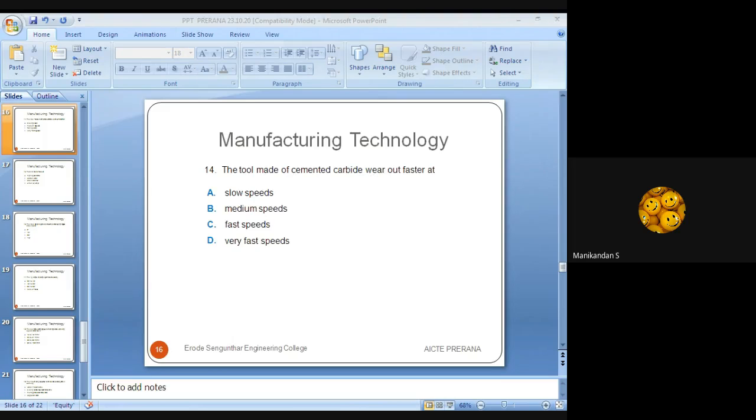So it wears out at very low speed only, not at a fast speed. Kindly make a note of what we are discussing right now, because in future it may help you in preparing for your examinations.